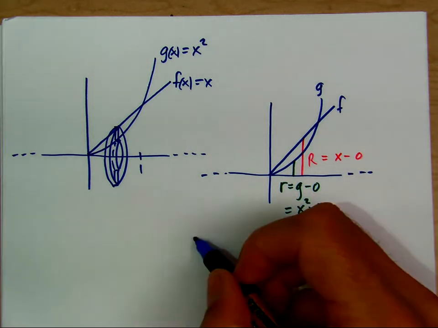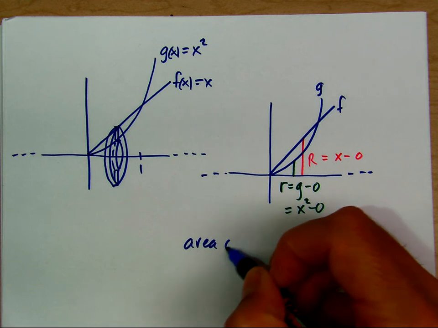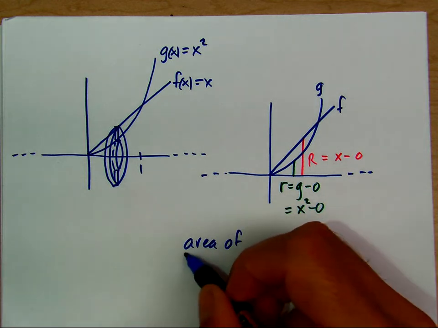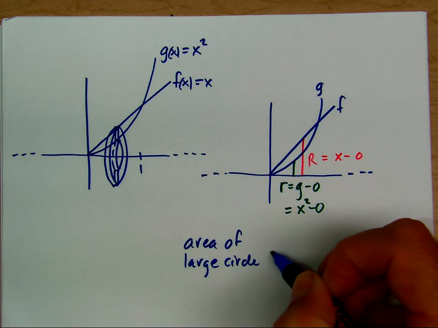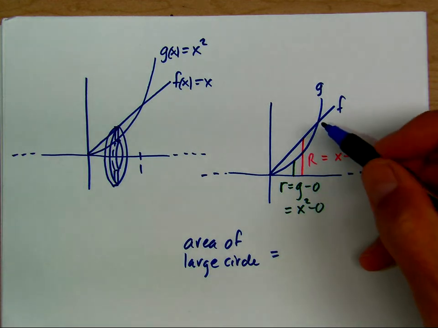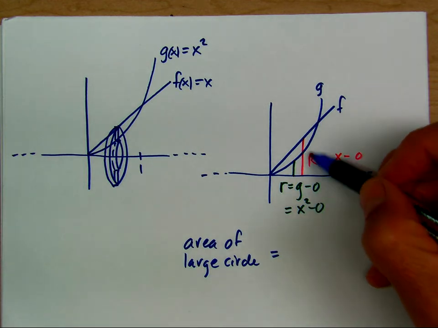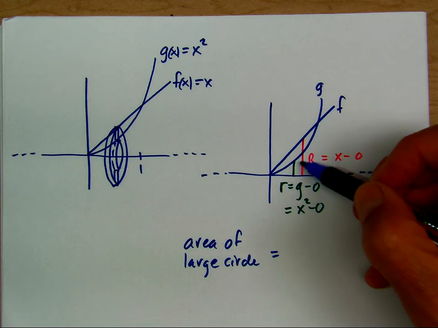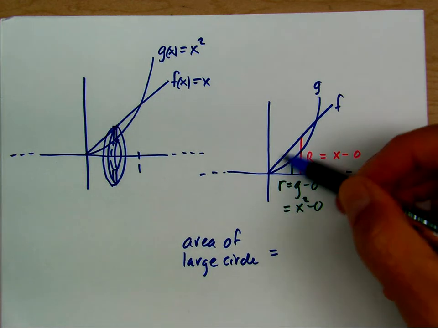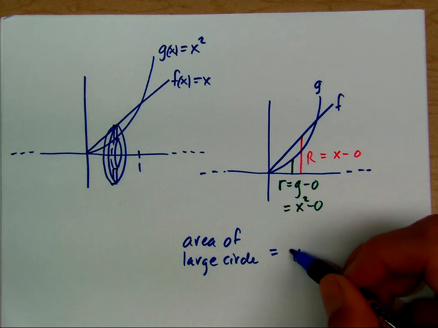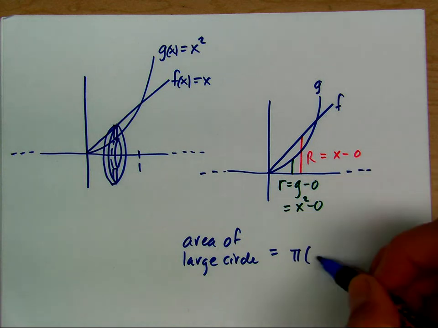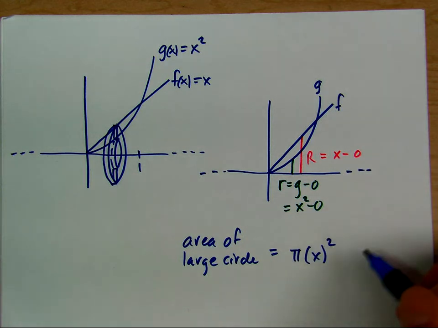And we can then find the area of the large circle. If I just rotate the red line around, we make a circle, and that area is pi r squared.